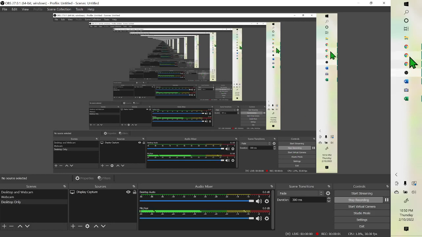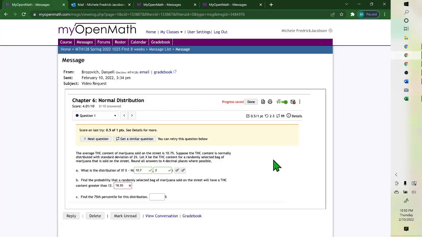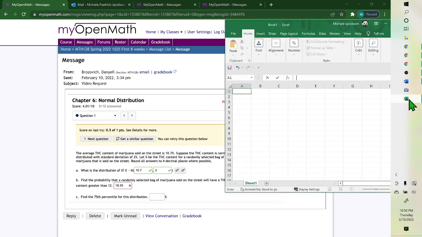Hello. For these three problems, when you're looking for either the percent or a certain number with a percent above or below it, you want to use Excel and use norm.